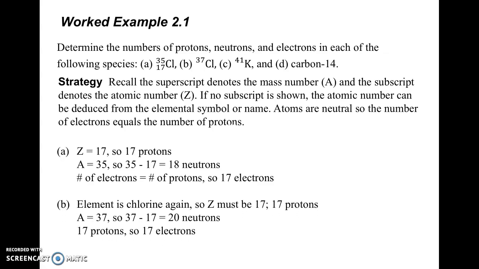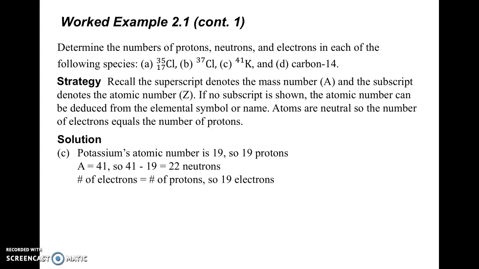So if we look at chlorine 37, it still has 17 protons and 17 electrons, but now that mass number is different. It's 37, so we take 37 minus 17, and it has 20 neutrons. So that is an isotope of chlorine 35.